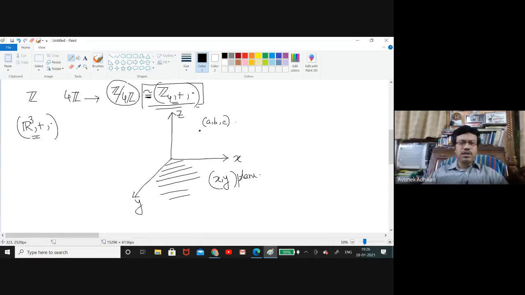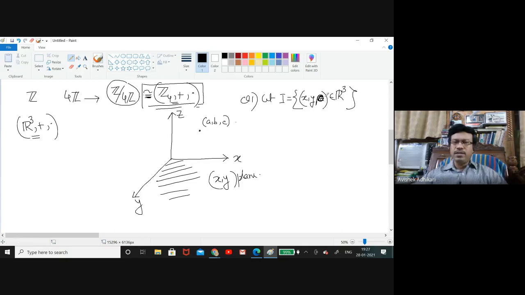First, question one: let I equal all the elements from the XY plane. That means if the value of Z is 0, then the point will be in the XY plane.